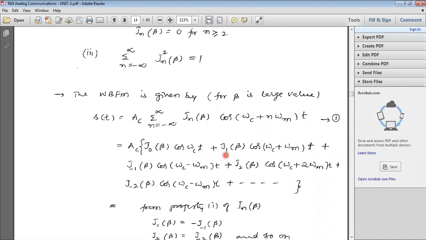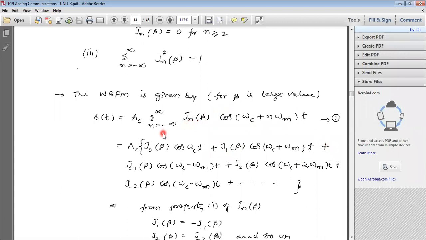Now substitute n equal to 1. Therefore it becomes J_1(beta) into cos((omega_c plus omega_m) t). This is the second term. Plus, take n as minus 1.